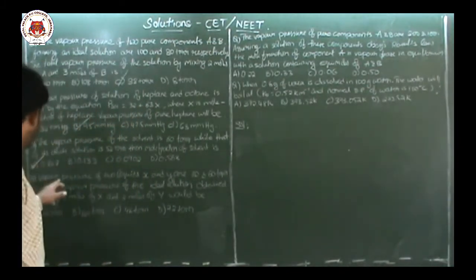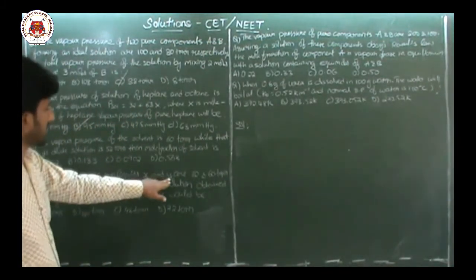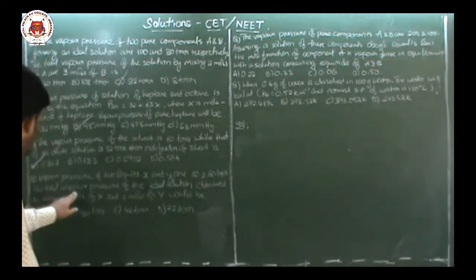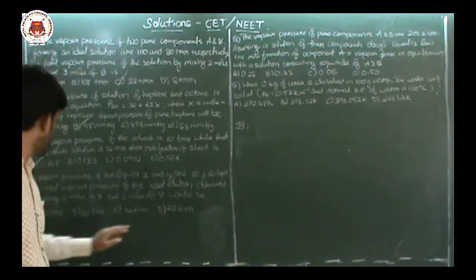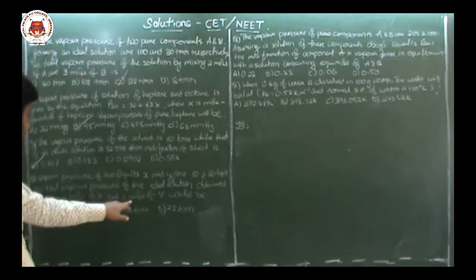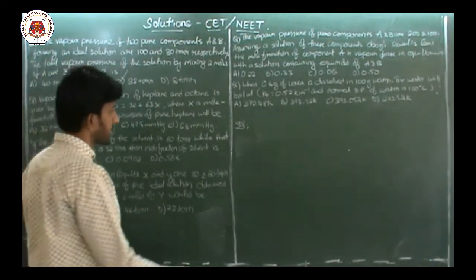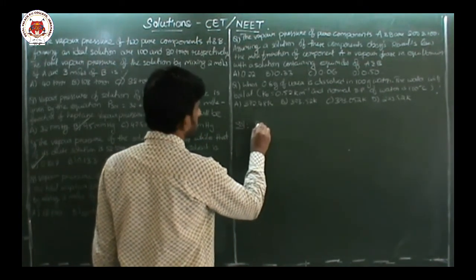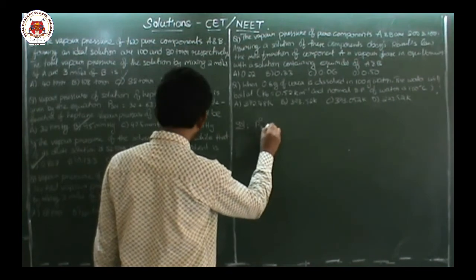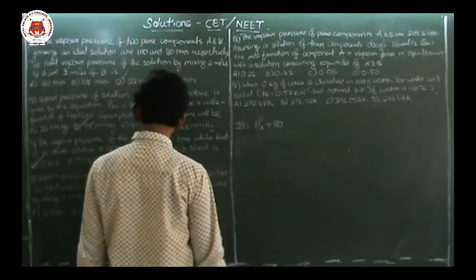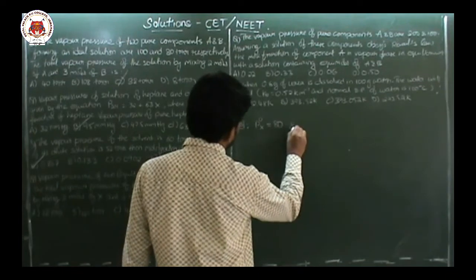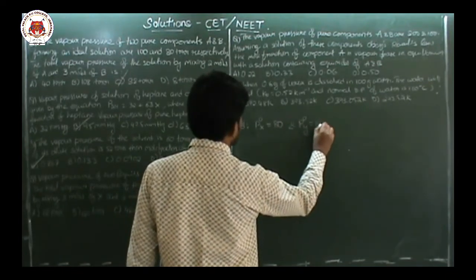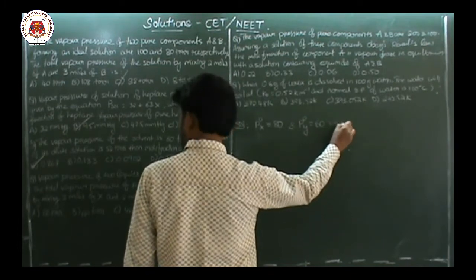Next, the vapor pressures of two liquids X and Y are 80 and 60. What is the total vapor pressure of the ideal solution obtained by mixing 3 moles of X and 2 moles of Y? First, it is given that the vapor pressure of liquid X, P naught X, is 80 and P naught Y of liquid Y is 60 torr respectively.